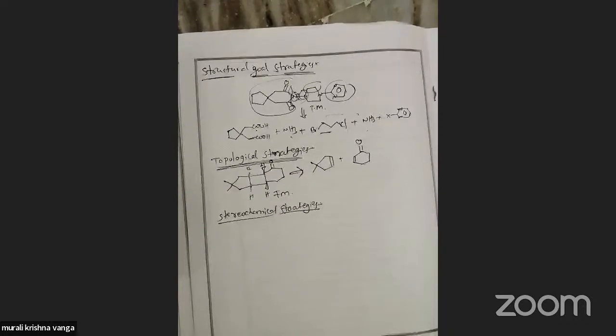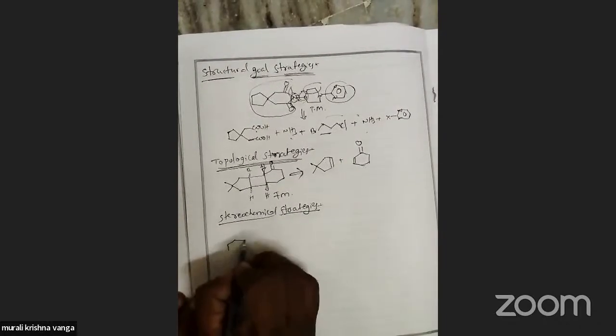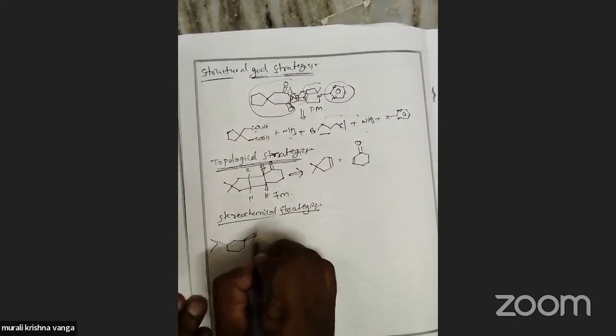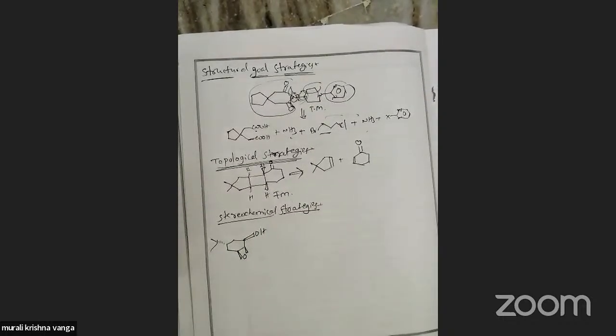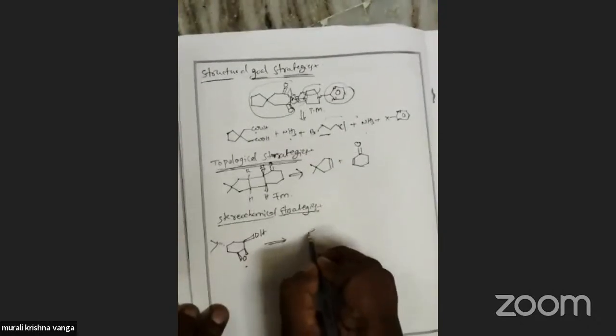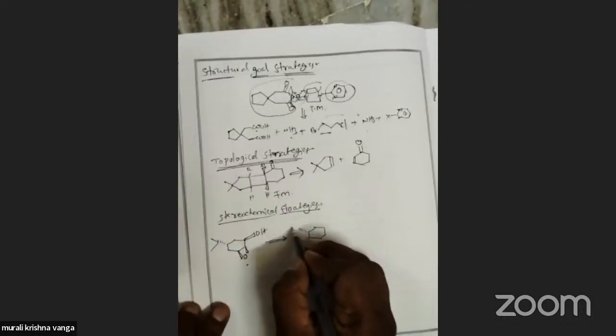Reduction of stereochemical complexity means we remove the complexity in the molecule. Just taking the best example here, I am taking OH and epoxy. An epoxide is a stereochemical moiety because a 3-membered ring with one oxygen atom is a highly unstable molecule. So this type of molecule we take under stereochemical strategies.